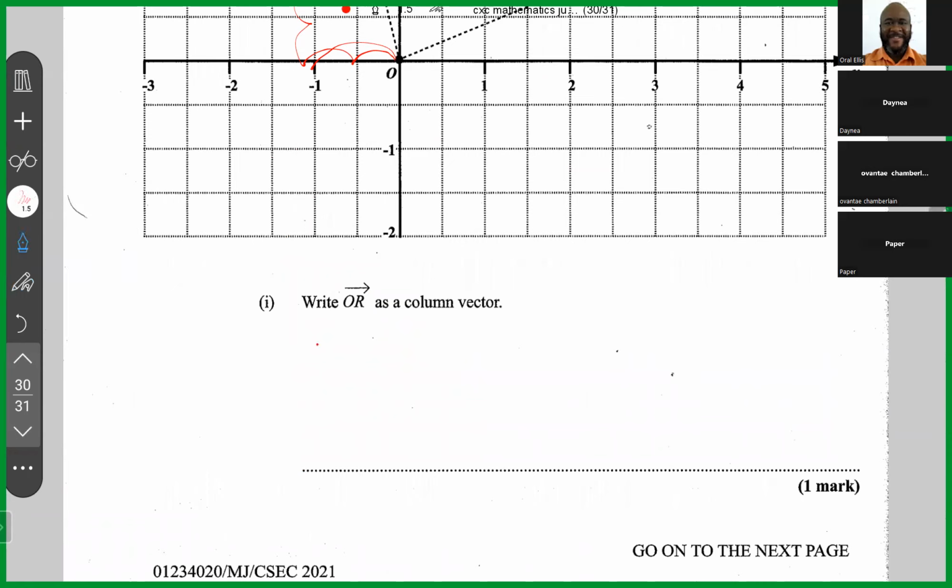R is the point (-1, 4), so the position vector OR is (-1, 4).